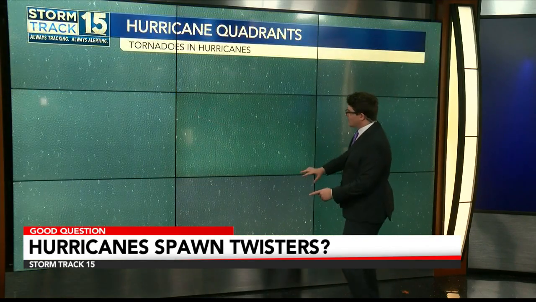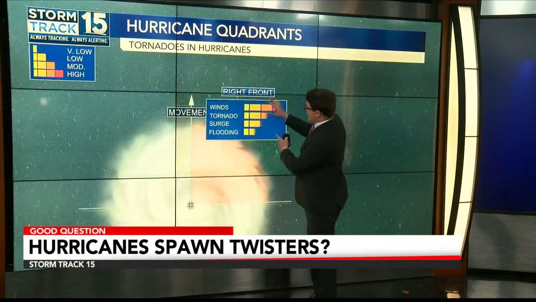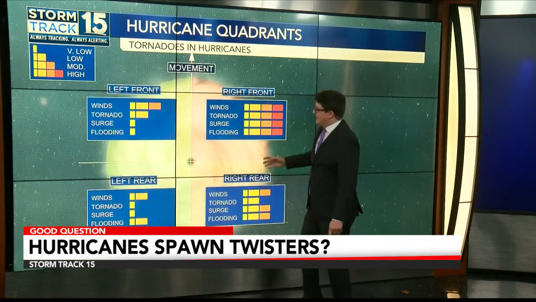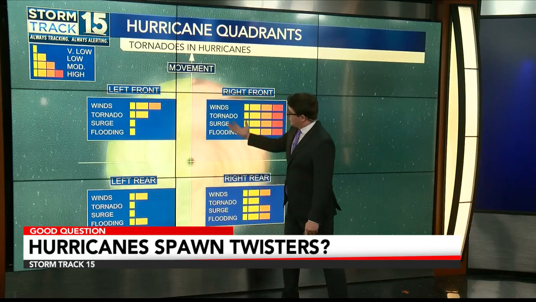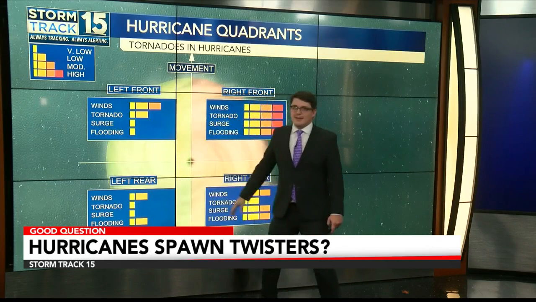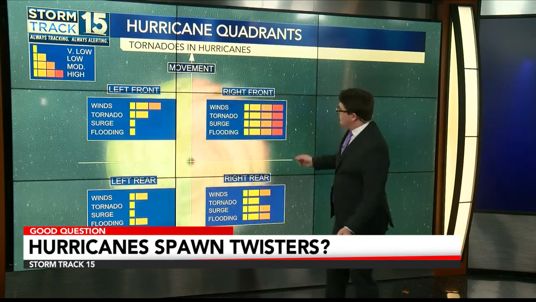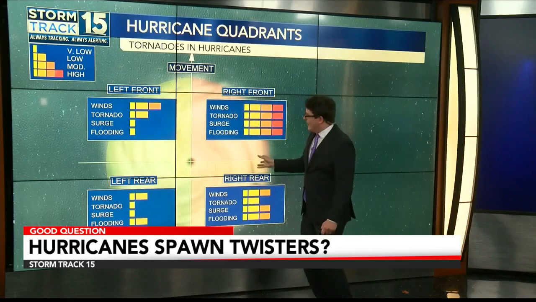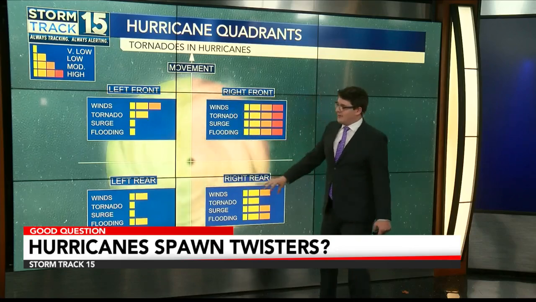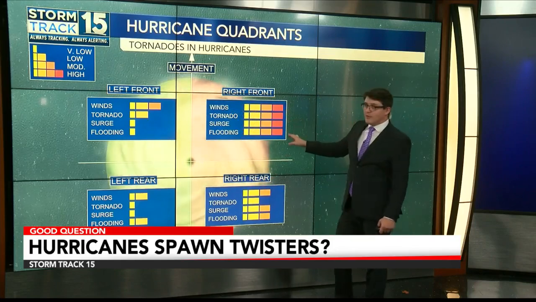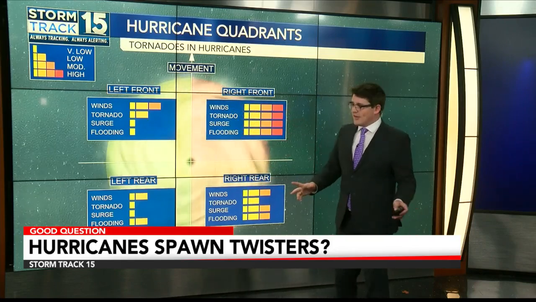So if you put in motion the actual storm moving upwards, you have the rotation of the storm also moving like that. So on this side, you have the storm motion going like this, and on the other side, you have the storm rotation going down like that, going against the movement. But if you're in this section, you have the overall storm motion and the rotation compounded on top of each other. So here we have the highest risk for winds, tornadoes, surge, and flooding all at once in this one section.